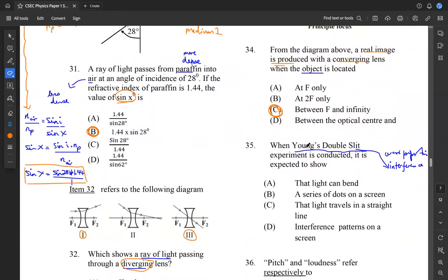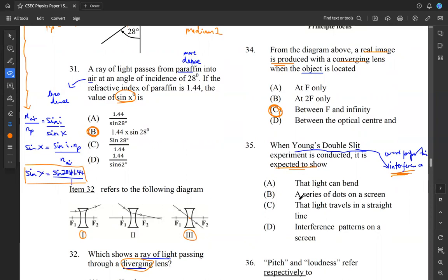All right, so 35 now. They're asking us about Young's double slit experiment. And you might remember that Young's double slit experiment was done to show the wave-like properties of light. The key takeaway was about the interference patterns that we're seeing, right? Regions of constructive interference and regions of destructive interference. So when it is conducted, what is it expected to show?